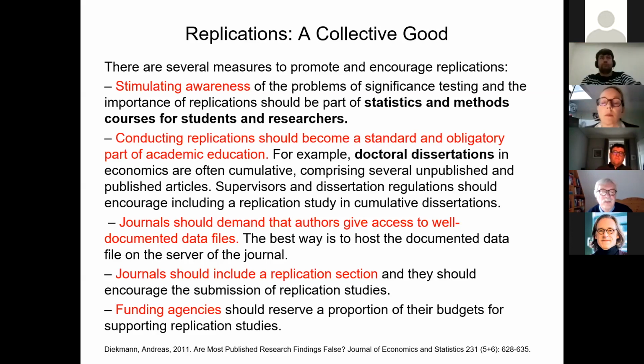And maybe a more provocative suggestion: why not have a state-funded research institution responsible for drawing a sample of research papers, and then looking at the papers and replicating them?